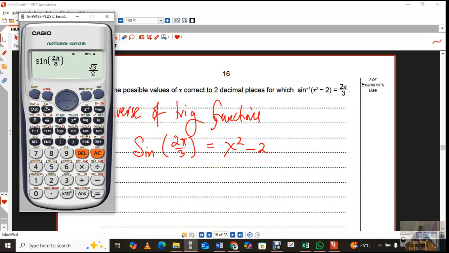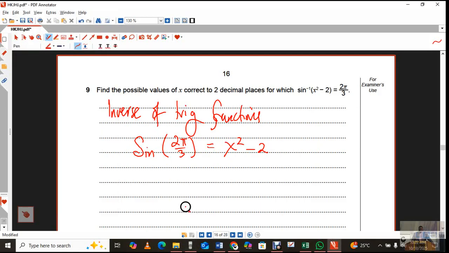Well, that is root 3 over 2. So root 3 over 2 is equal to x squared minus 2. Right, so this becomes the equation in x that we are going to solve to 2 decimal places, because you can already see you're dealing with some sort of irrational number.